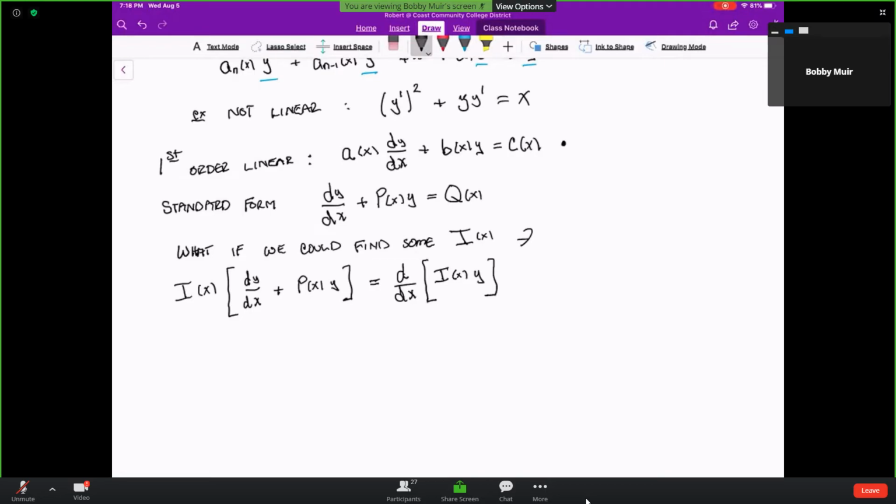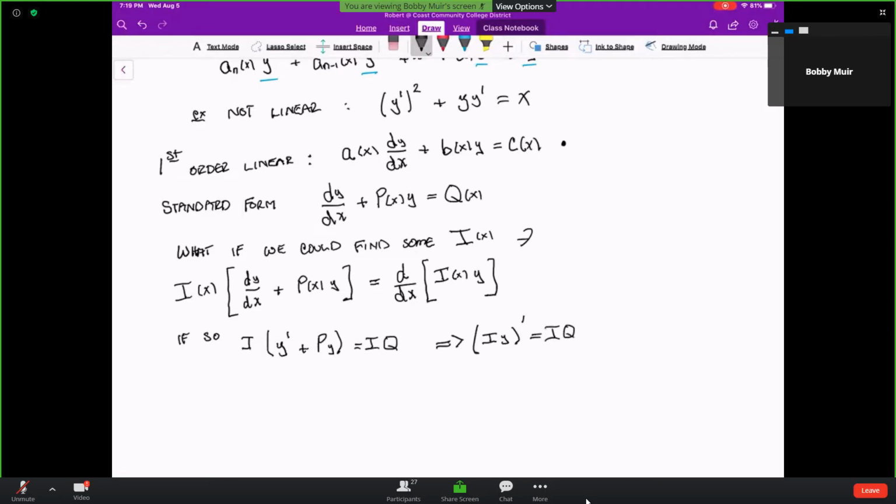Okay, now, if we could do such a thing, we would multiply both sides of the differential equation, and I'll drop the of x now, by this I thing. By design, that's going to collapse into the derivative of I times y.